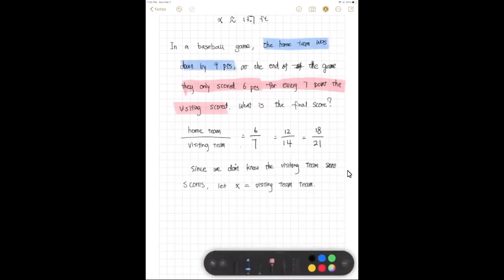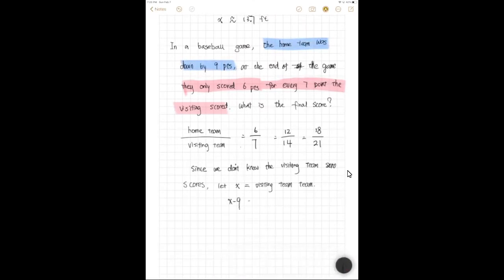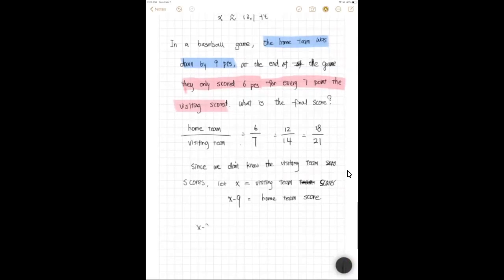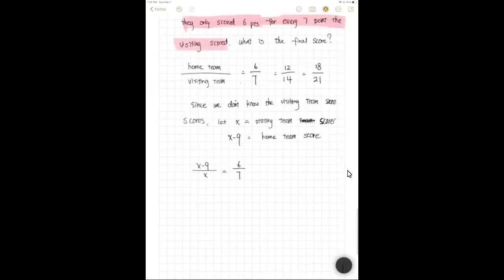So that means if the visiting team is X, the home team should be X minus 9. That should be your home team score. And we also know the home team score over the visiting team score should equal the ratio 6/7, right? So that's how we set up the equation.